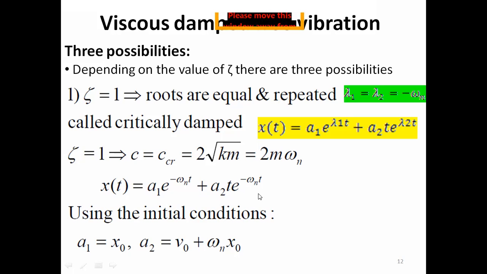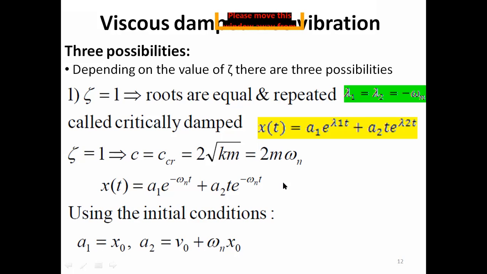This term would become 0. And at the end we would have a1 exponential of 0, which is 1. So here we would have a1. X of 0 is, let's say, x naught, then x naught would be equal to a1. In other words, a1 is equal to x naught.